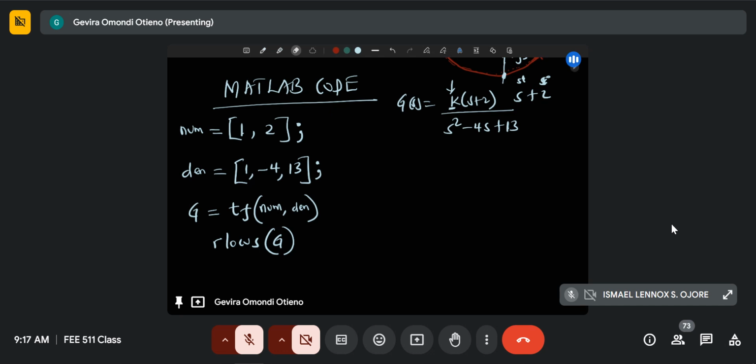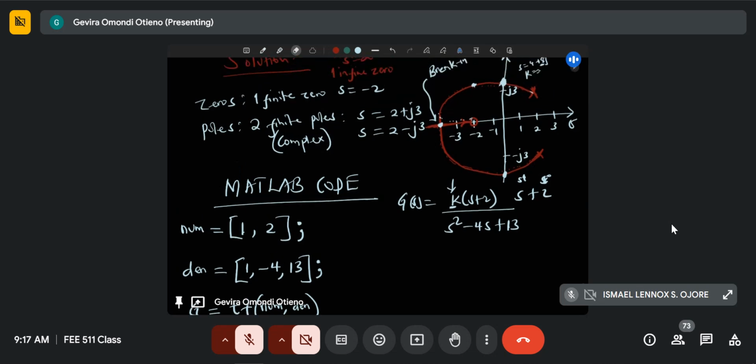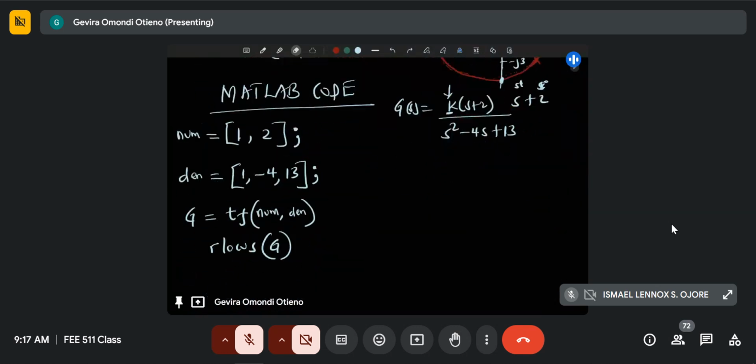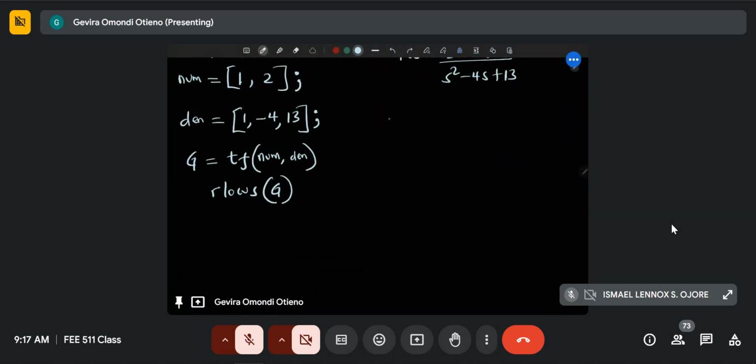Good, so now the next part is to obtain the break-in point. We are looking for the point at which the poles rejoin the real axis. Let me put the break-in point.